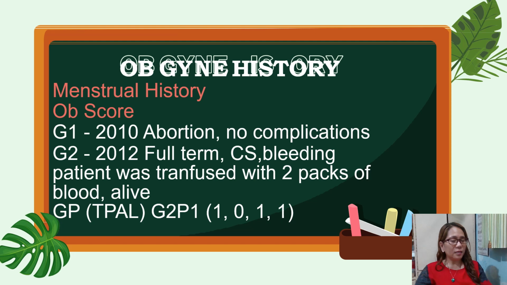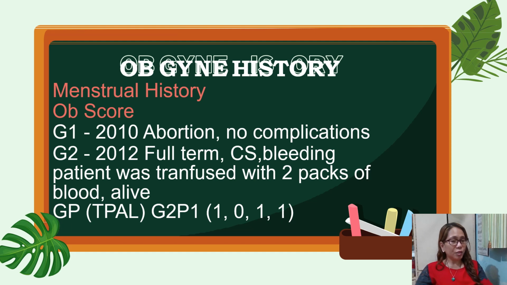The GTPAL. Okay, gravida 1, 2, dalawang pagbubuntis. Gravida 2. Parity, yung umabot sa viable age, di ba? Yung umabot ng 20 weeks. Okay, so meron ka dito full term. So, meron kang 1. And then, TPAL.